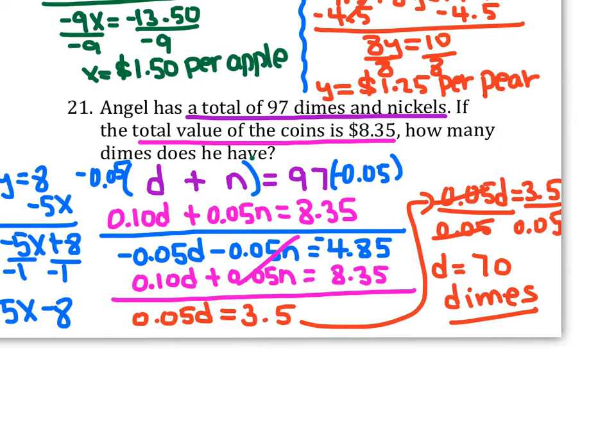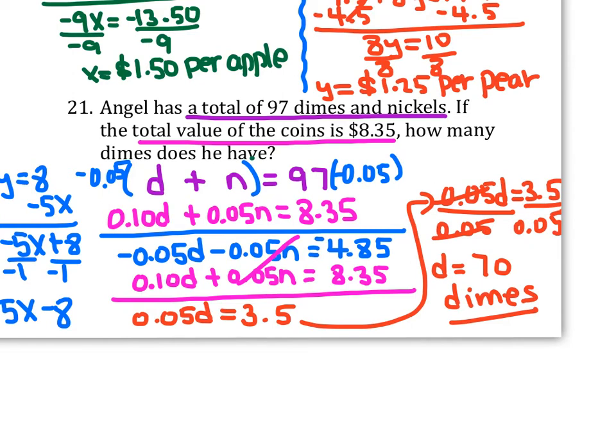In the second equation, we're actually attaching money. So you can see that my dimes are worth 10 cents and my nickels are worth 5 cents each, and together I have a certain amount of money. So here you can see that there's a dollar sign, so I have $8.35. So I'm going to multiply by -0.5 on all of them so that I can cancel the nickels.